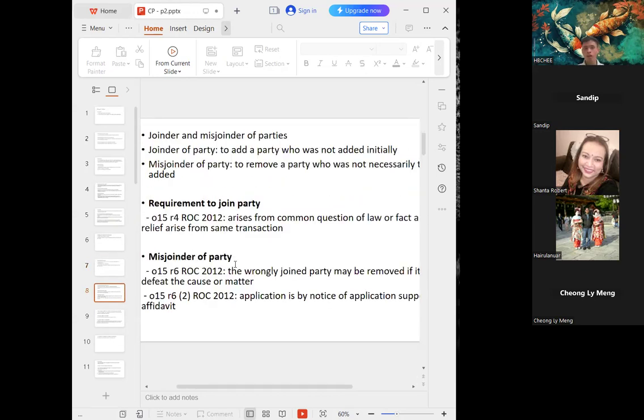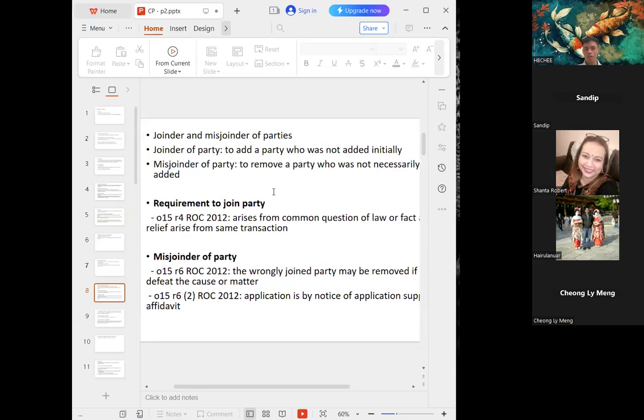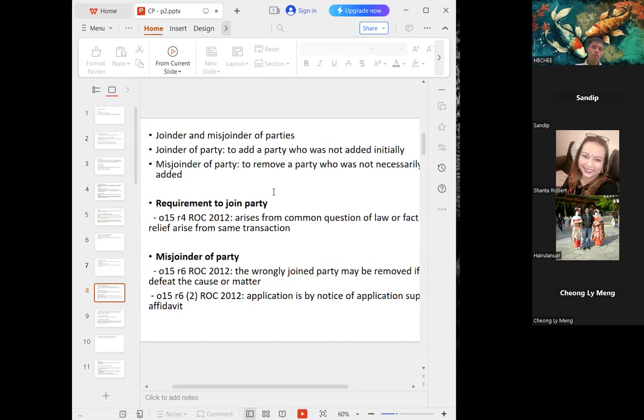Okay, now we are going to joinder and misjoinder of parties. The joinder of a party is to add a party who was not added in the first place. But the misjoinder of a party is to remove a party during the action. So what is the requirement to add a party in an action?